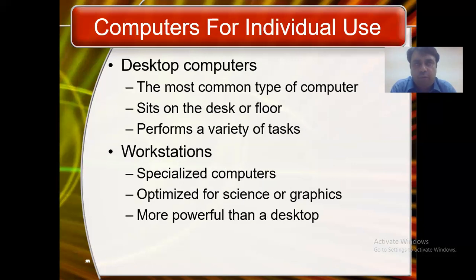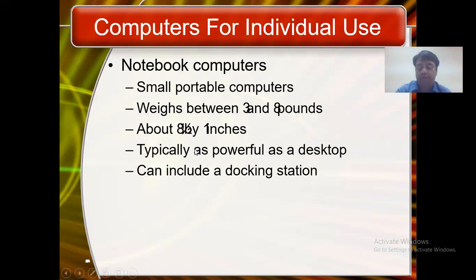Now, computers for individual use. Normally, we use computers that are for individual purpose. The famous version is the desktop version of the computer, or nowadays we are using the laptop version of the computer. This is the most common type of computer used for individual use. And if some professionals are in computer science, or you have heavy applications in other domains, for that you may be using workstation sort of computers.